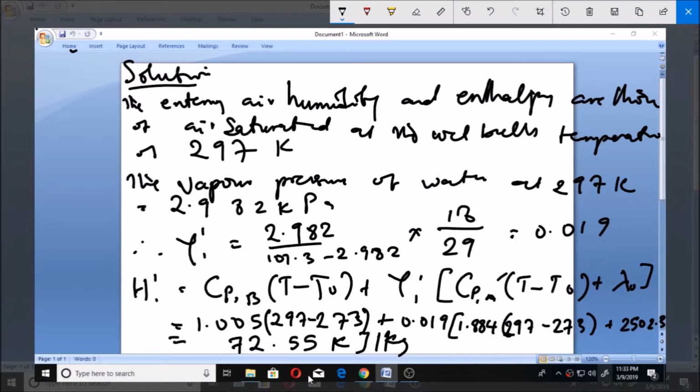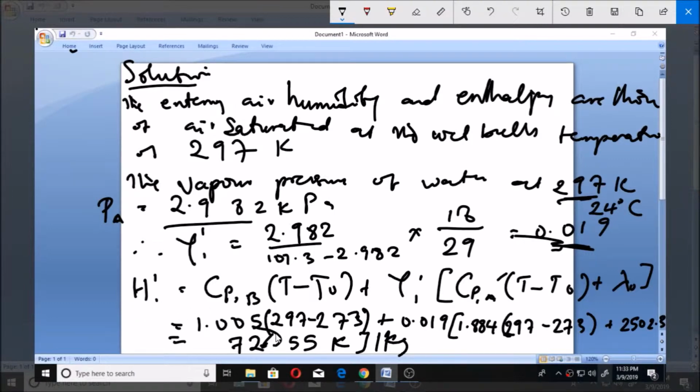We can also read this out from the psychrometric chart. Once we consider the wet bulb temperature of 297, which is similar to 24 degrees Celsius, take note, we are going to find out that PA will be equal to 2.982, Y1 or Y prime will be equal to 0.019, and H prime will be equal to 72.55.